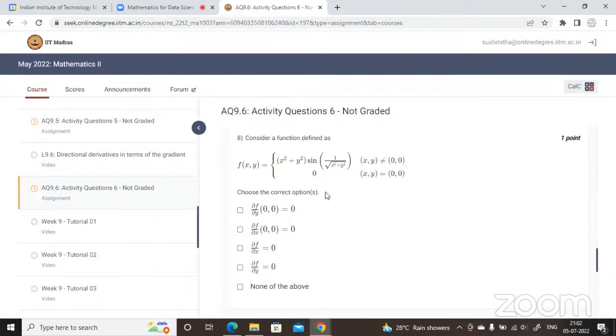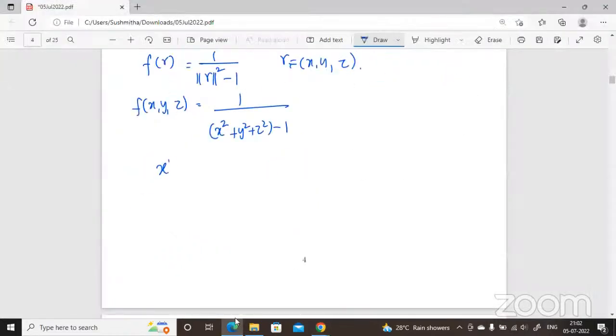One thing you can do is use the sandwich theorem. The question is whether the function is continuous. So you can use the sandwich theorem, right? This is less than or equal to x squared plus y squared.